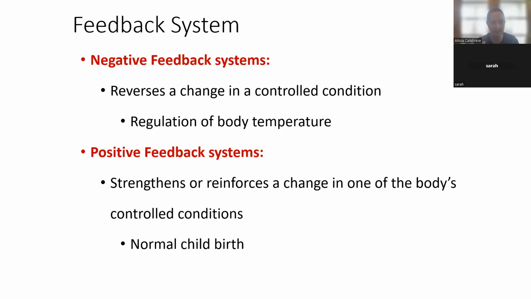Because if blood clotting happens when you don't want it to happen, that's a big problem. And childbirth is the example on the slide here. That would be a positive feedback loop that keeps accelerating away from homeostasis until a child is born, and then it goes back to normal. So most homeostasis is maintained with negative feedback.